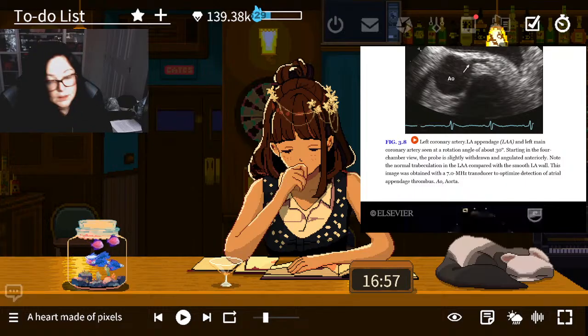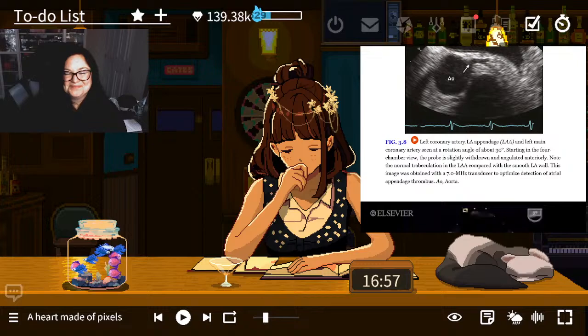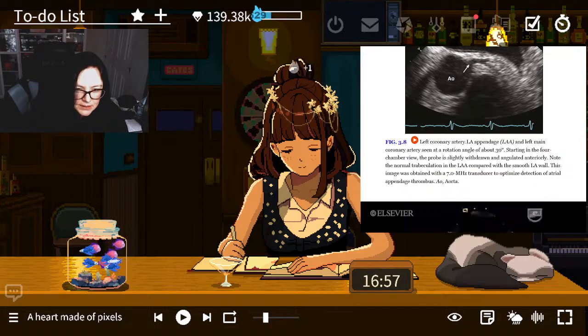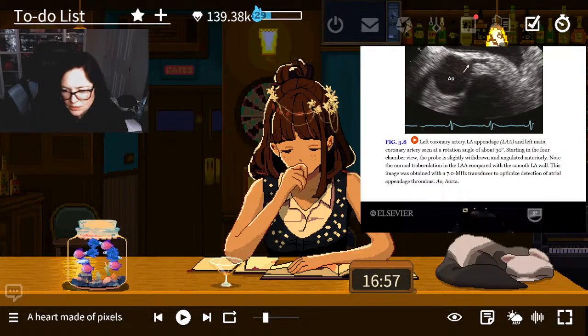All right. Well, it's not my workbook. Lame. This still does look very familiar, though. What additional image do we need?